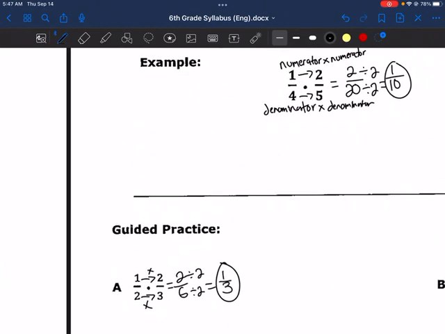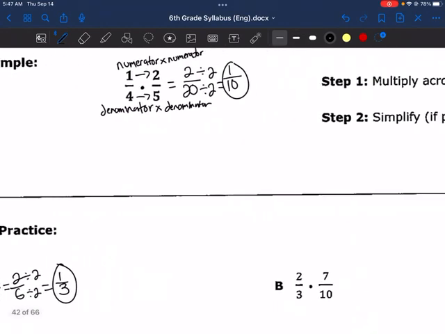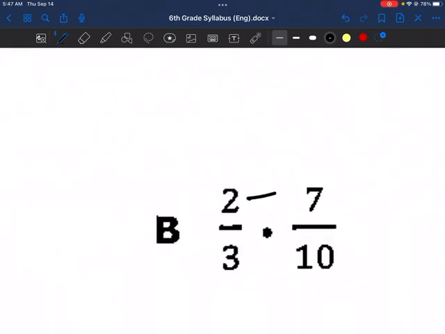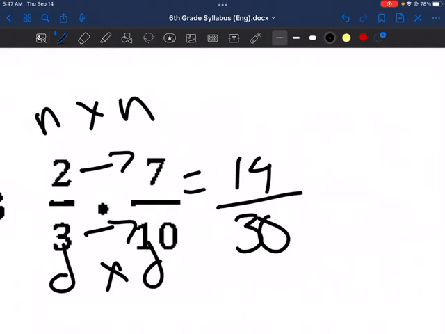Ahora, look at the work. No es nada. Nadita. Ahora, let me do this one. 2 times 7, 14. 3 times 10, 30. Remember, numerator times numerator, denominator times denominator. What could I reduce these two by?